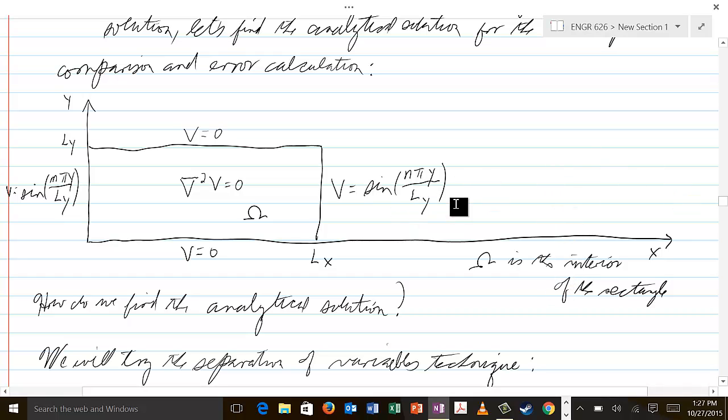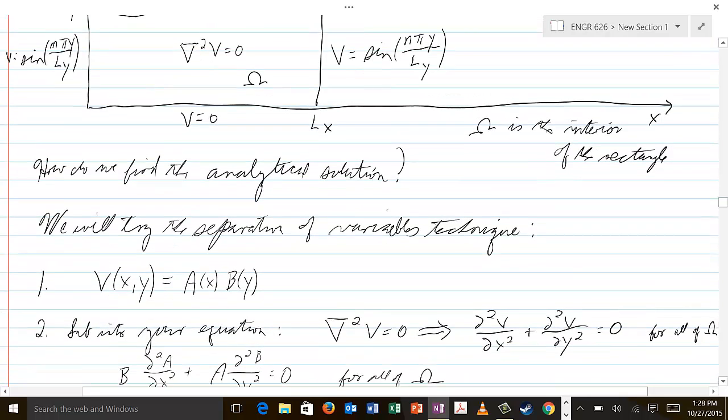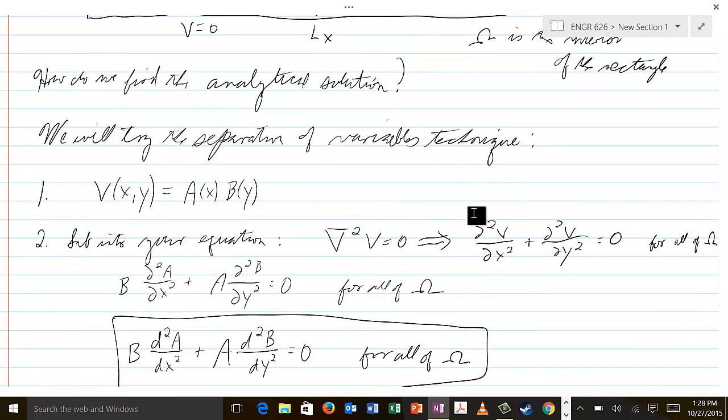So here is a reminder of what the problem looks like. We have sine of n pi y over Ly as the boundary condition on the right-hand side, sine of m pi y over Ly as the boundary condition on the left-hand side, V equals 0 on the top, V equals 0 on the bottom, and Laplace's equation in the interior. The first step in the separation of variables technique is to assume that our solution, v of x, y, can be written as a function of x multiplied by a function of y.